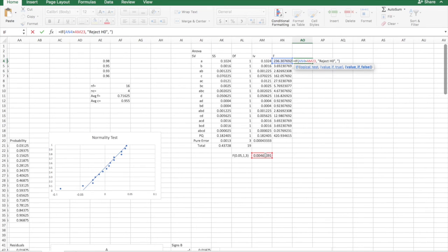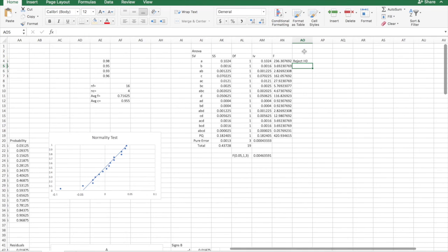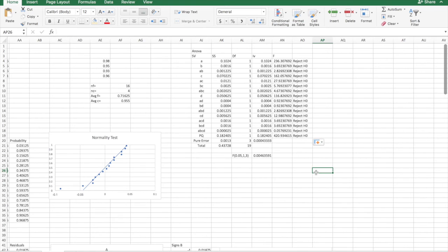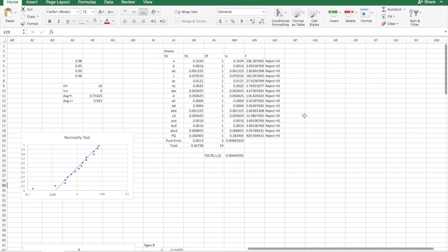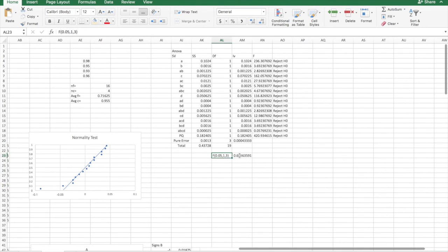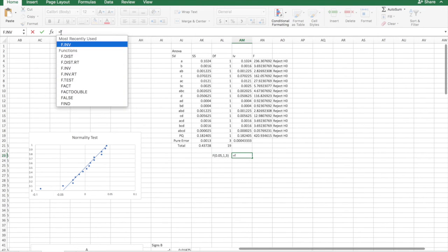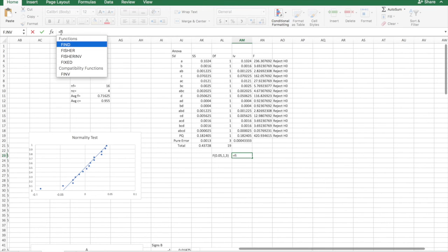If not, we do not reject H0. And we obtain that, okay, I think I did something wrong. I know what mistake I made. I selected the wrong function, which has to be another one. It has to be F inverse of 0.05, 1, and 3.